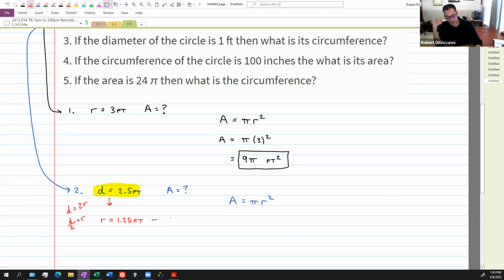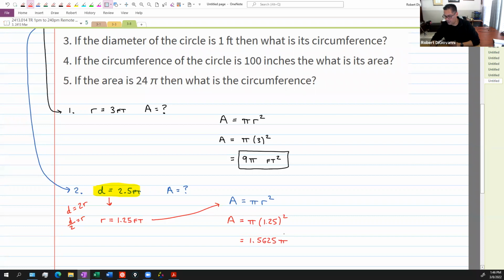Once we have that, we can now use this formula, pi times 1.25 squared. We get our calculators out. I'm going to go ahead and do the whole approximate decimal here. So we should get 1.5625 times pi is what my answer is.